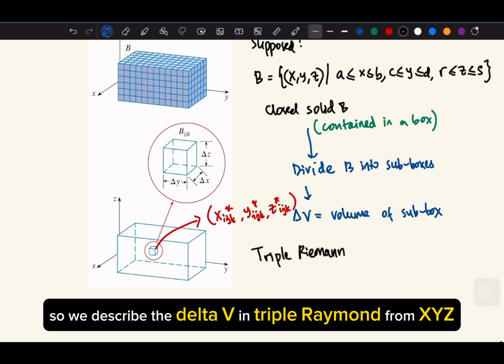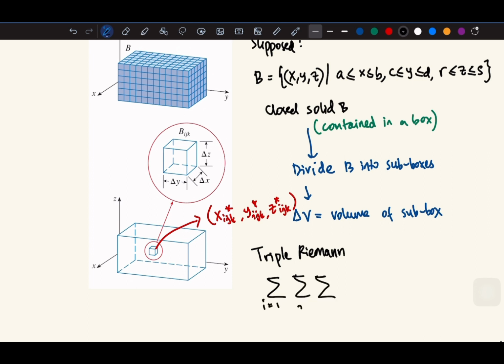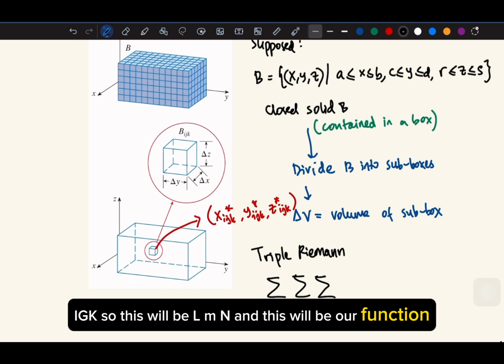So we describe the delta V in the triple Riemann sum from x, y, z. So we have the Riemann sum over i, j, k, and this will be l, m, n. And this will be our function.